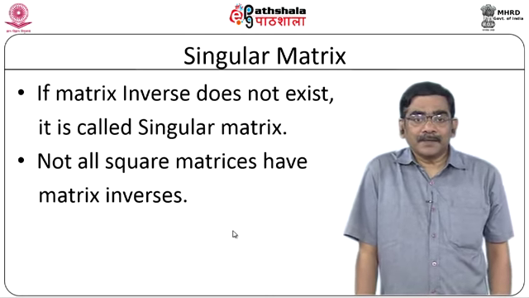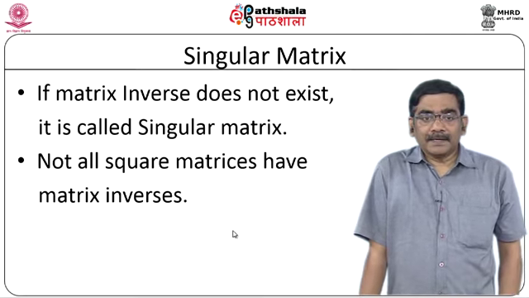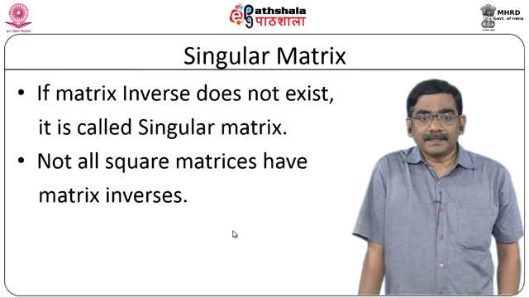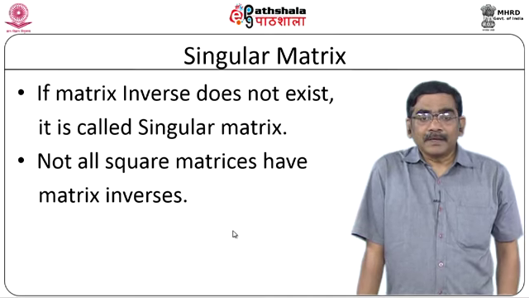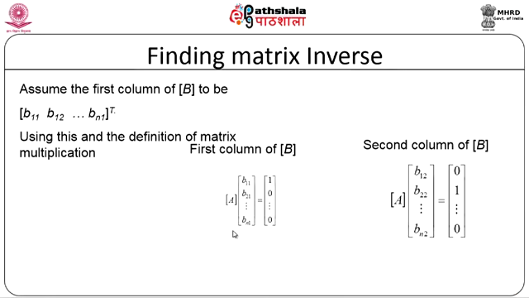Inverses exist only for non-singular matrices. If the inverse does not exist, it is called a singular matrix, and matrix inverses are possible for non-singular matrices, and not all square matrices have matrix inverses. So, now the logic is very simple.